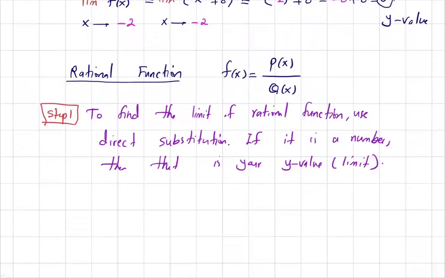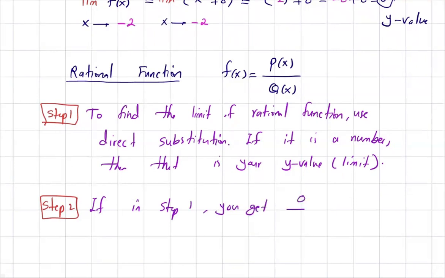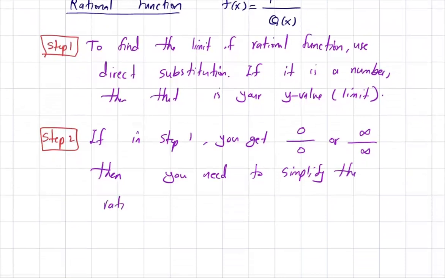However, if it's not a number, if in step 1 you get 0 over 0 or infinity over infinity, then you need to simplify the rational expression.